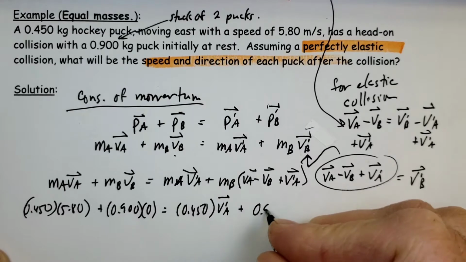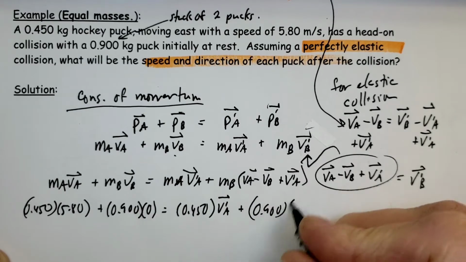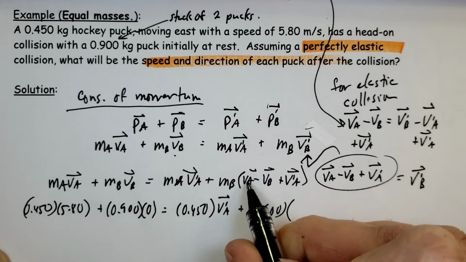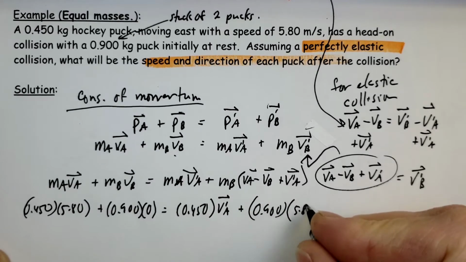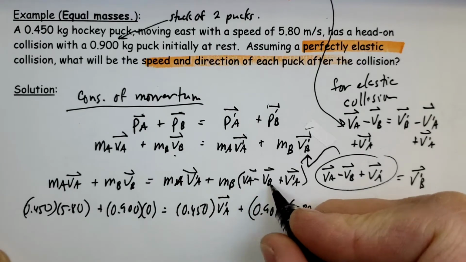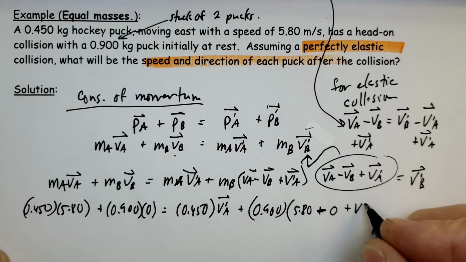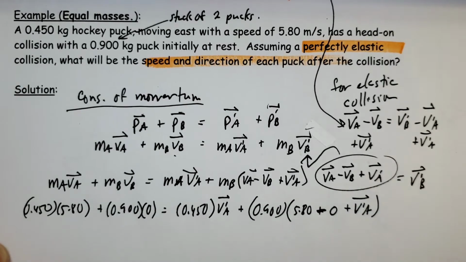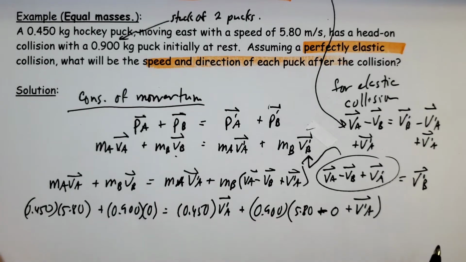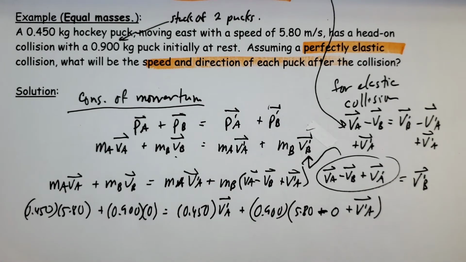And then VA was 5.8 minus VB, which was 0, it wasn't moving, and then V prime A. So all we have to do is isolate V prime A, and we'll be able to figure out what that number is.